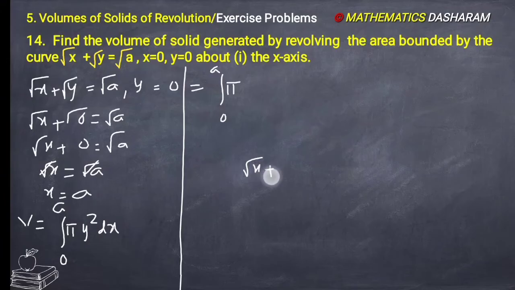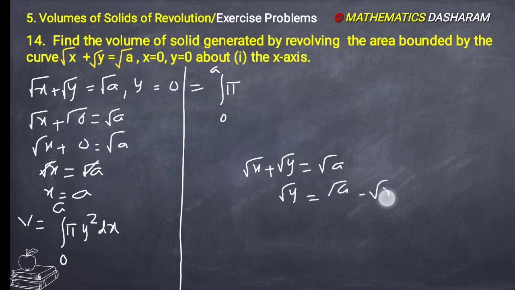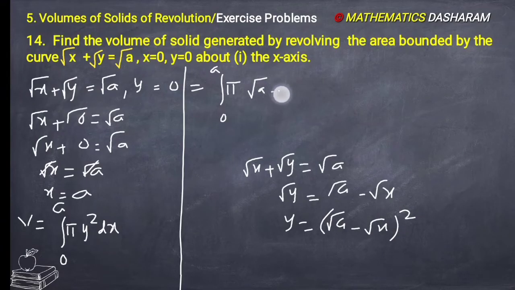Actually the given curve is root x plus root y equals root a. From this, root y equals root a minus root x, then y equals root a minus root x whole square. It is only the y value, but here we need y square, that means apply one more square.